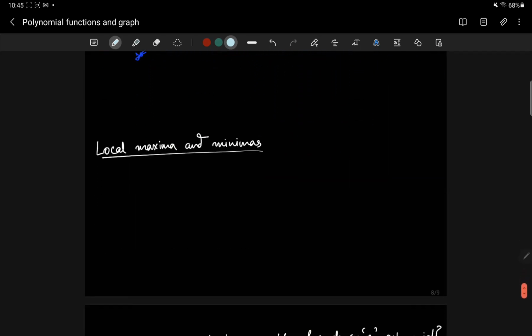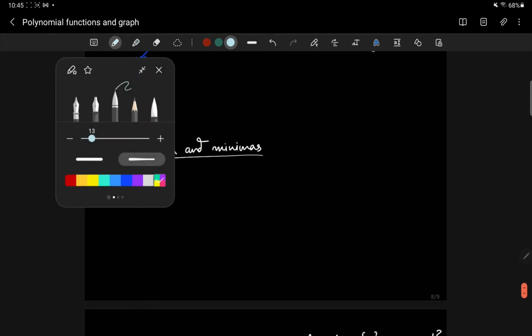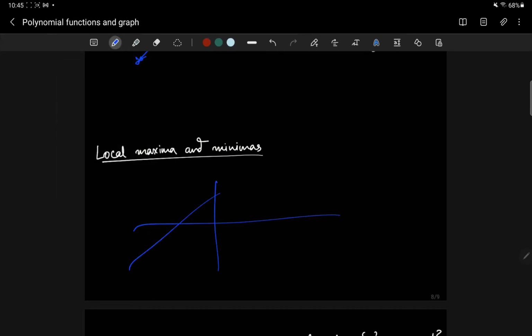And these are called local maxima and minima. So basically, if I have a polynomial graph, something like that, this highest point would be called a local max, and this lowest point would be called a local min. So it's basically where the graph is going to turn.